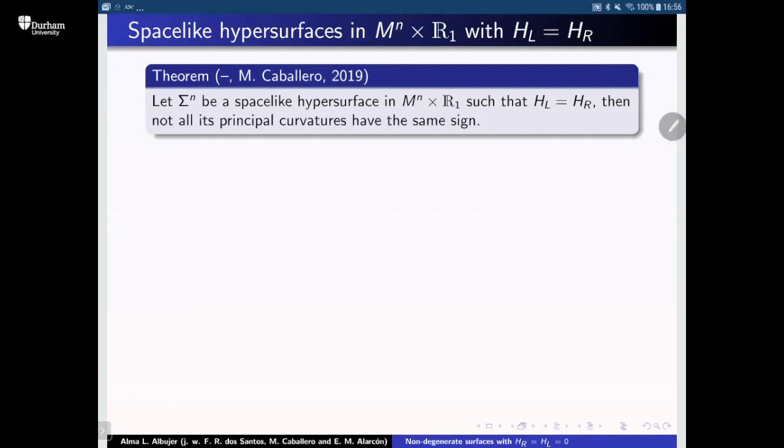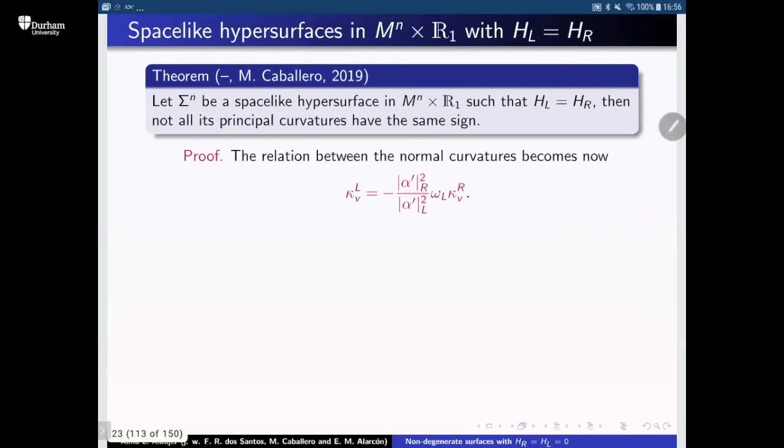So we can prove the analogous result that if sigma is a space-like hypersurface such that both mean curvature functions coincide, then not all its principal curvatures have the same sign. The idea is the same because the relation between the normal curvatures is now very simple because tau is 0. So it becomes this very simple relation here.